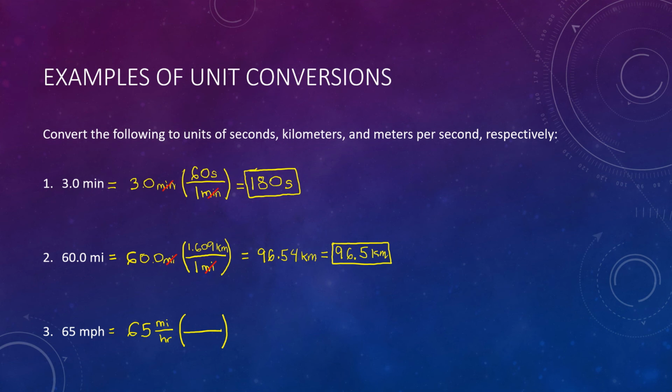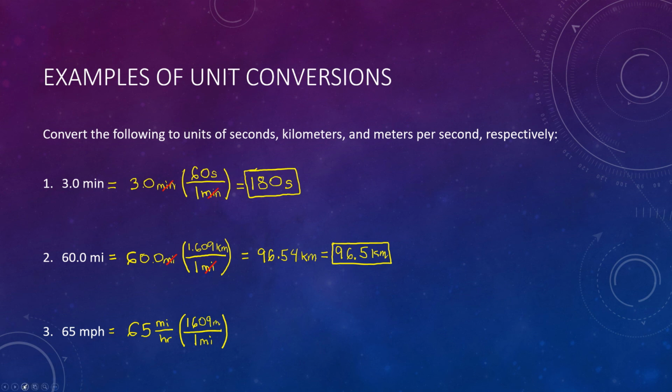So in this case, let me see, meters per second. Okay. So in this case, let's say we have miles on top. So that means, again, we need miles on bottom. This time we're going to meters, not kilometers. So for every mile, there are 1,609 meters.